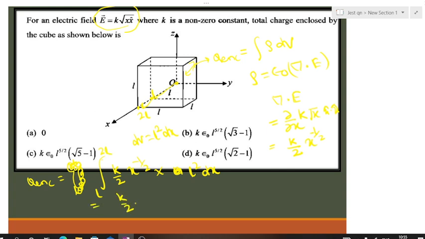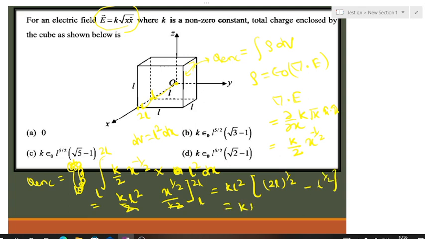So k by 2 L square common, x to power half by half, half cancel. So L to 2L will be k L square times (2L to the power half minus L to the power half). By putting all this, k L square, keep L to the power half common, and this will be root 2 minus 1. So k L to the power 5 by 2 into (root 2 minus 1).